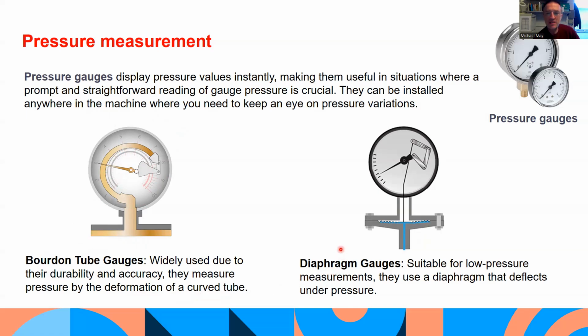The other example is a diaphragm gauge, suitable for low pressure measurements. They use a diaphragm that deflects under pressure. So the pressure in the system is exerted this way onto a diaphragm, and the diaphragm is linked to this linkage system, and that moves the dial accordingly to reflect the pressure. Obviously, the diaphragm system is more sensitive, so you'd have to deal, as it says there, with lower pressures.